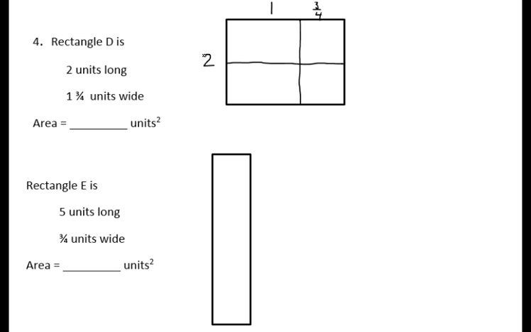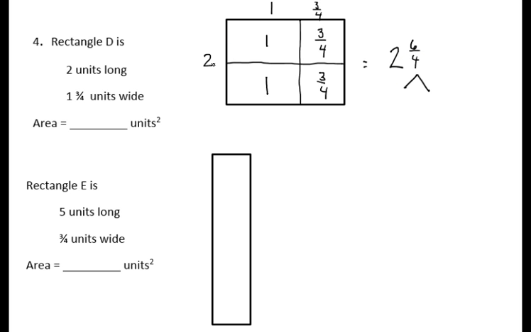Now we need to count up each of these pieces. So this is one whole, this is another whole. Here I have a 3/4 and another 3/4. So I have two rows. Each row is 1 3/4. Altogether, I have two wholes and 6/4. 3/4 and 3/4 make 6/4.